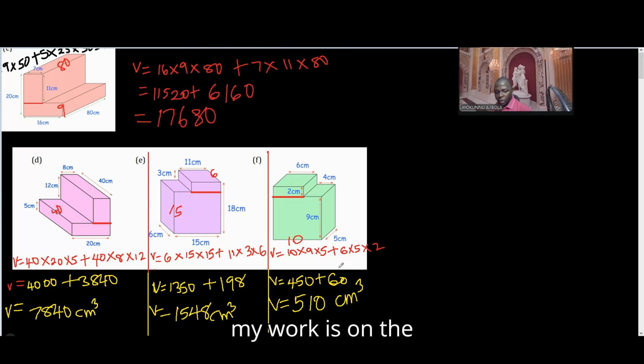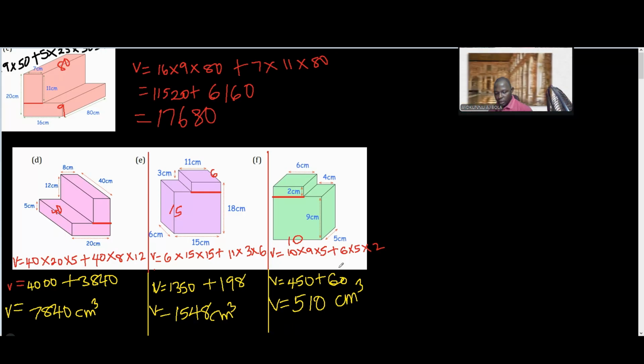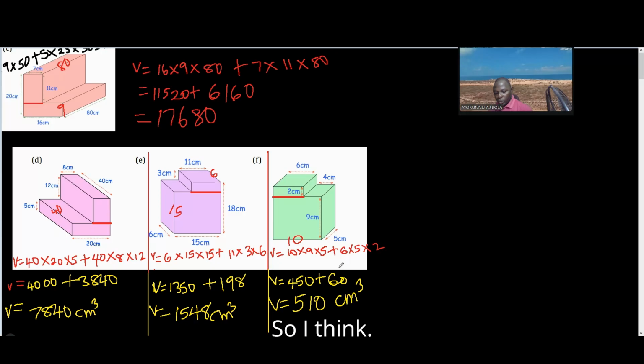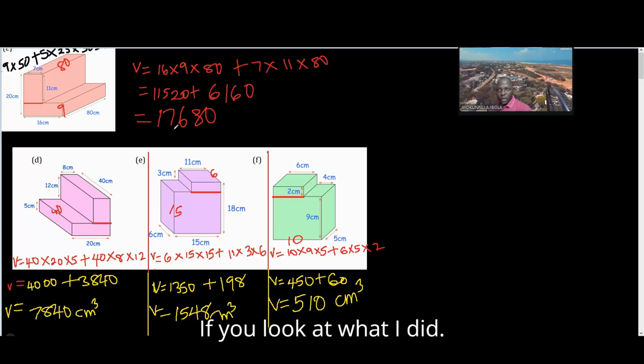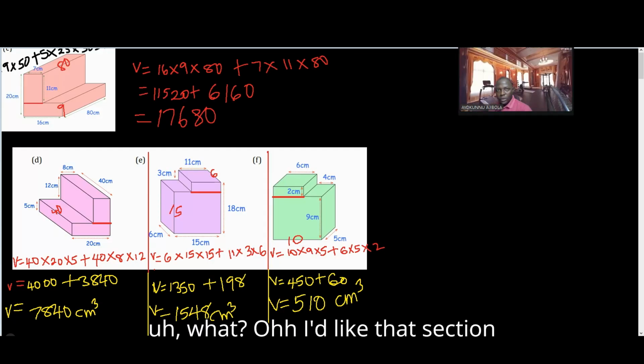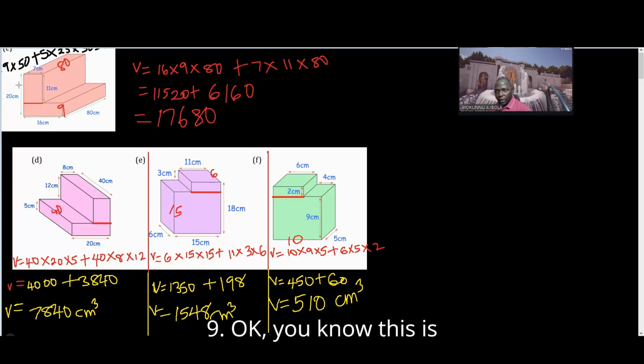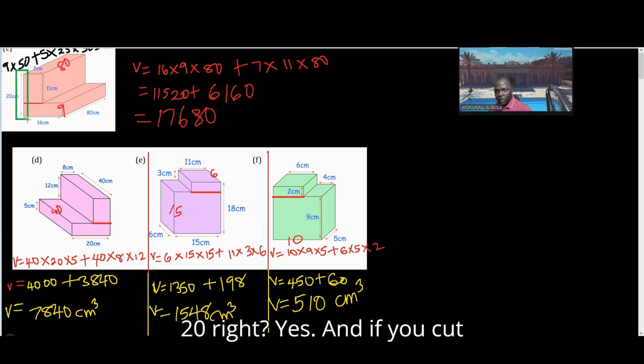So can you see my workings on the board? Yeah. Okay. Mhm. So I think if you look at what I did, 16 times 9. I worked that section out to be 4 centimeters, not 9. You know, this is 20, right?